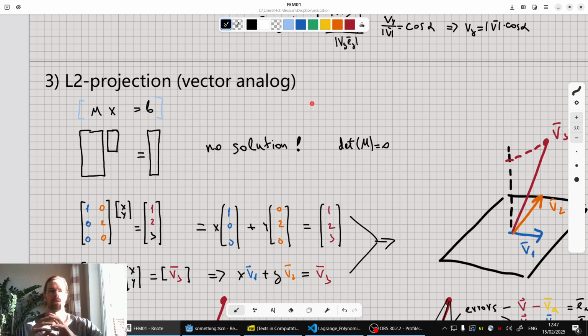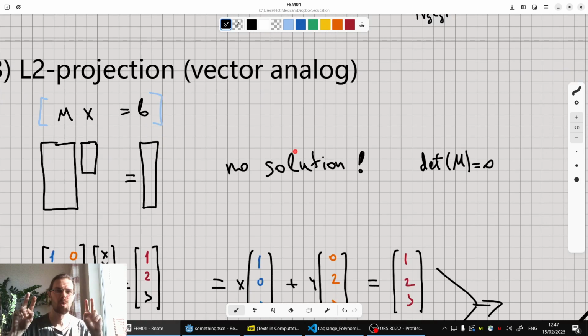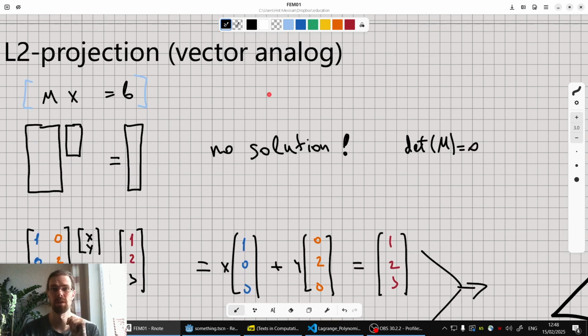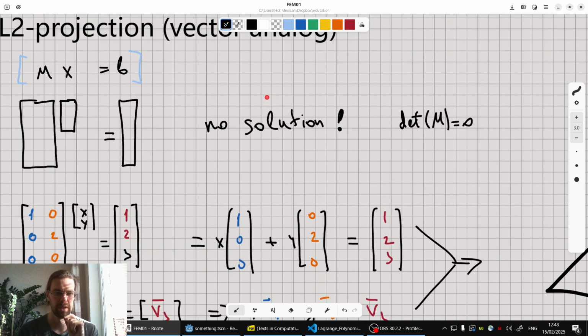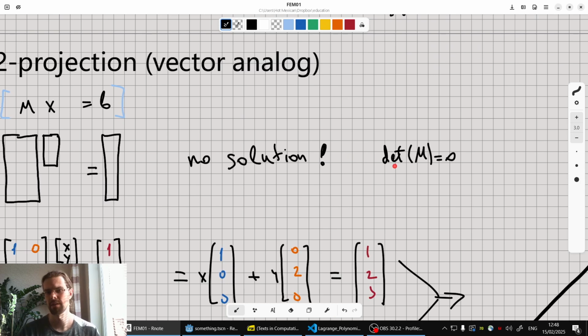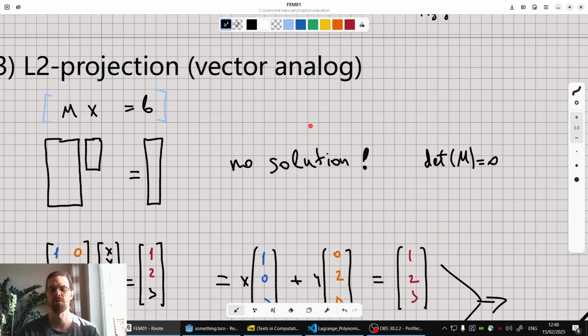So now we will talk about L2 projection. And basically, we know that, for example, we can have a problem, a matrix equation Mx equals b, where M is a tall skinny matrix, times some vector equals a vector, right? We know that in general there will be no solution. You can think about it purely mechanically: you have to have a non-zero determinant or something to have a unique solution.